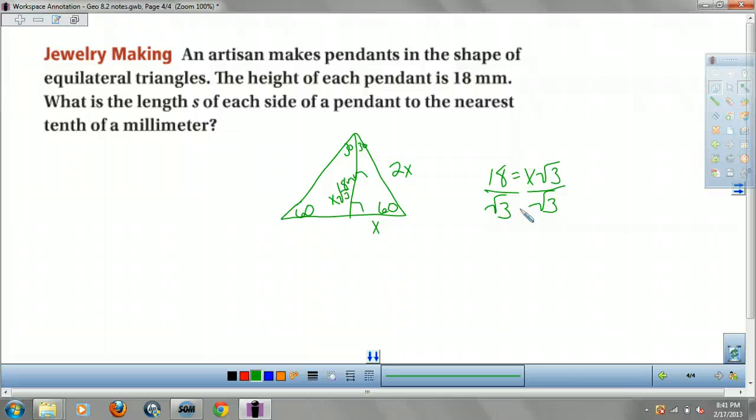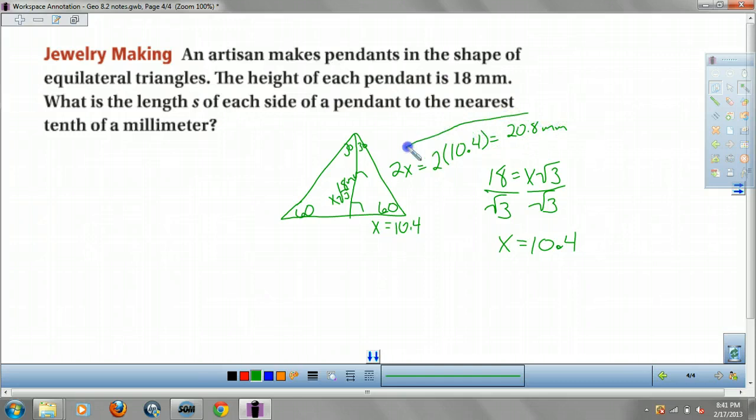I get about 10.4. But now I have to plug it into 2x to get my length, which gives us about 20.8 millimeters. And we're done.